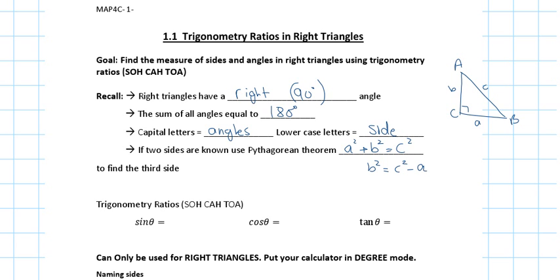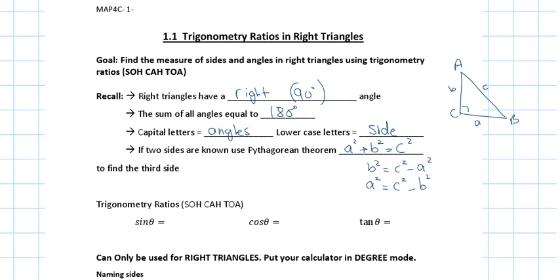You have to be careful with this. That c represents your hypotenuse in this case, which is the longest side, the side across from the 90 degree angle.